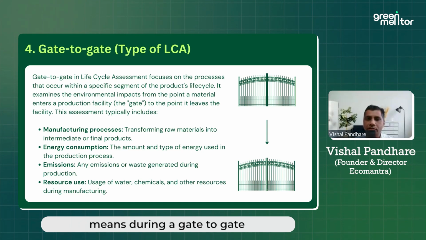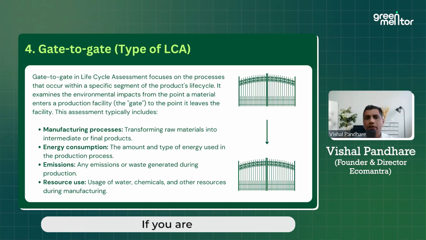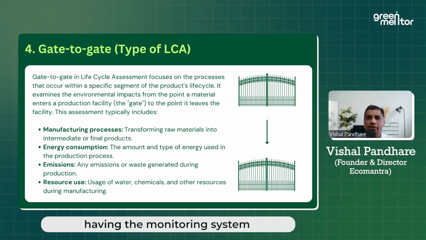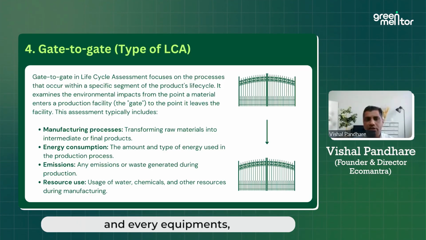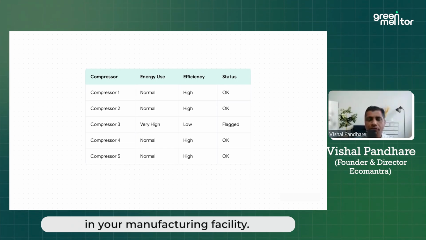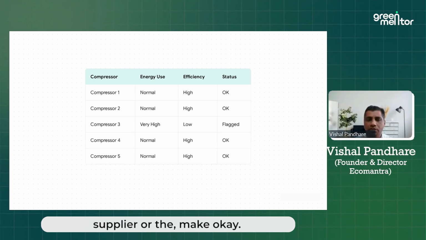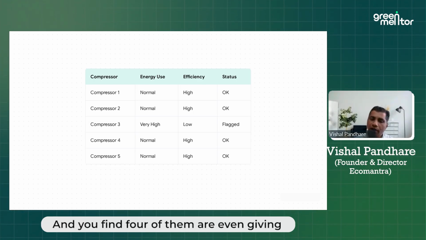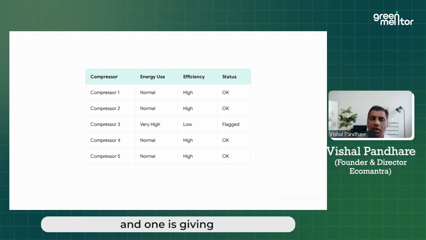Predictive maintenance means during gate to gate, if your organization already has a monitoring system for each and every piece of equipment, let's assume there are 5 compressors being used in your manufacturing facility. All are from the same supplier or make. Okay, and you find 4 of them are giving higher efficiency and one is giving a very lower efficiency.